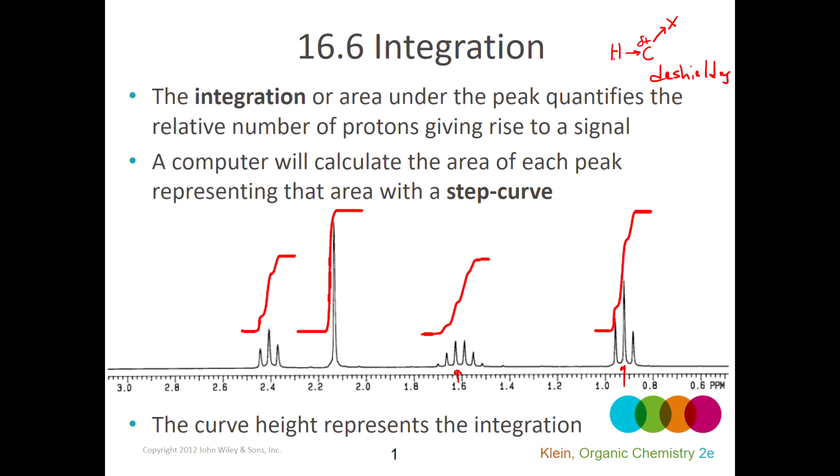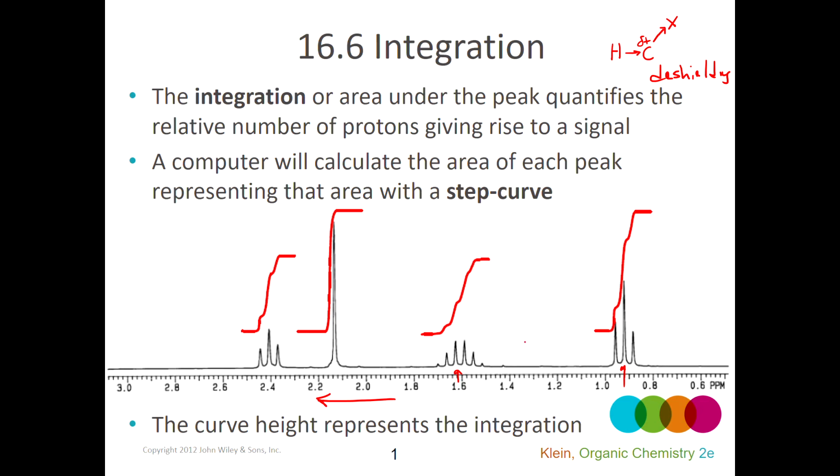Pulling the electron density away exposes the nucleus of the hydrogen, or its proton, to a greater magnitude of the magnetic field. So the magnetic field it sits in affects it more strongly when it's deshielded, and if the magnetic field is affecting it more strongly, it increases the energy gap, and that pushes it to the higher energy side of the spectrum.